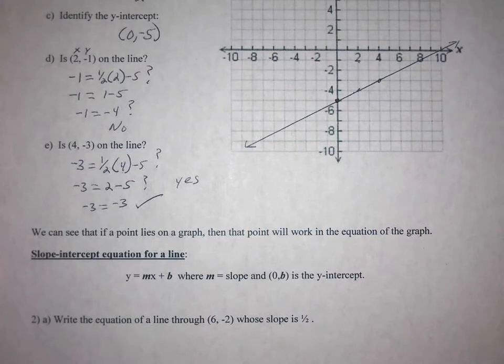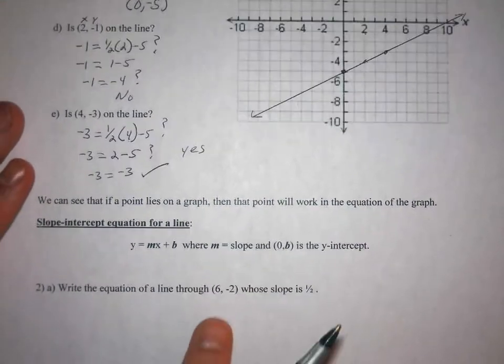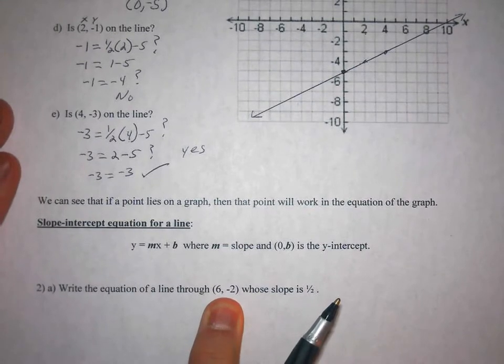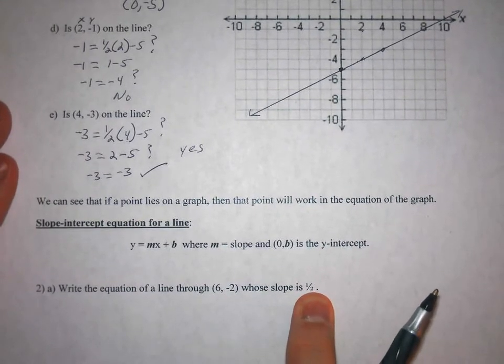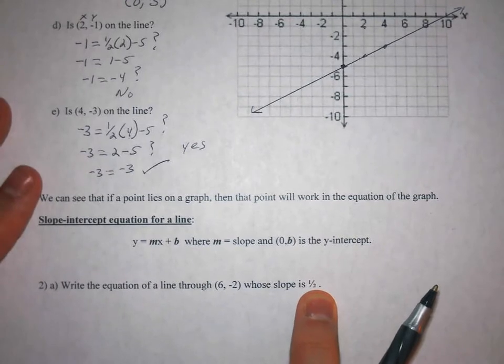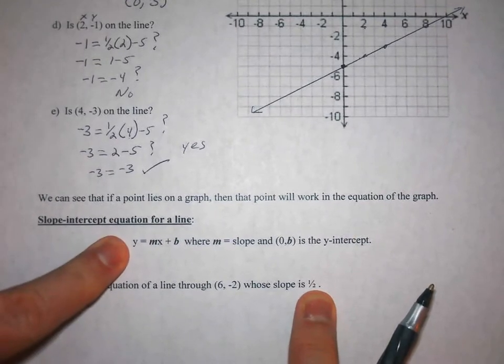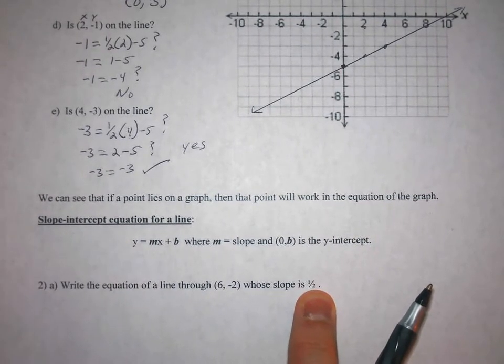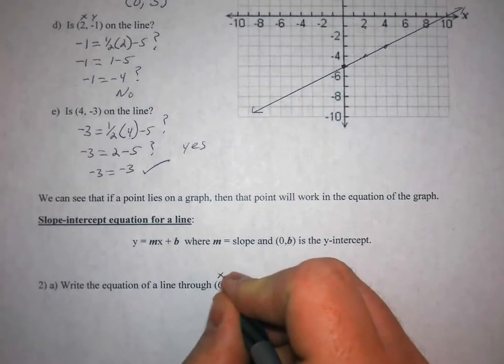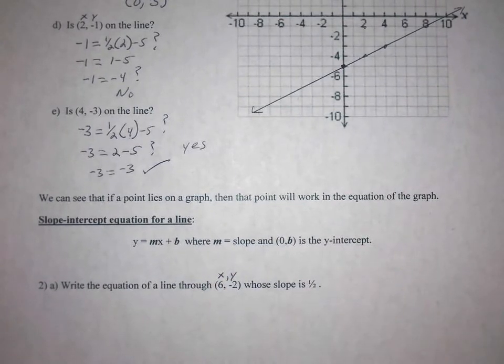Okay, so now let's get to the idea of being given a point that a line goes through and the slope. How do you write the equation? You want to think y equals mx plus b at this point. Remember the point is just an xy value.